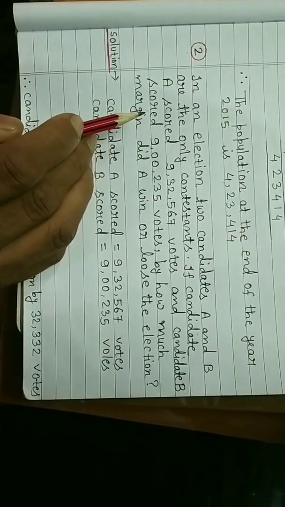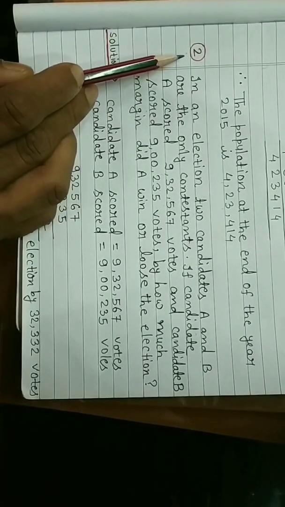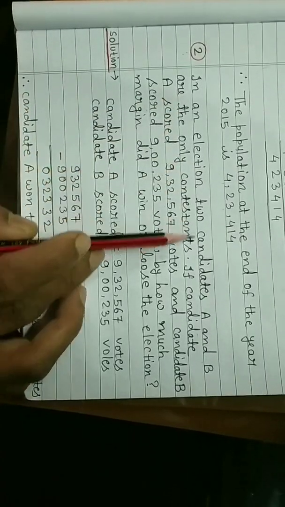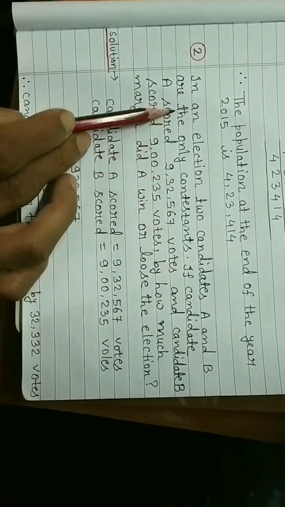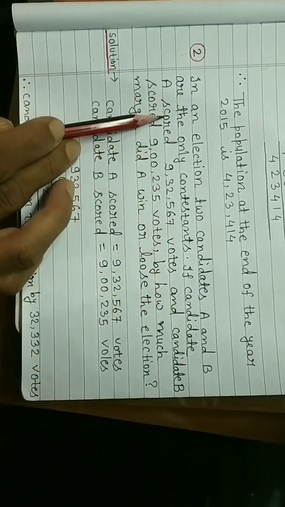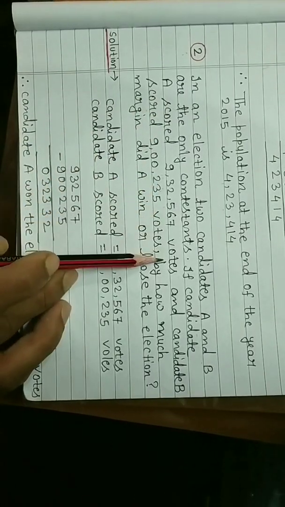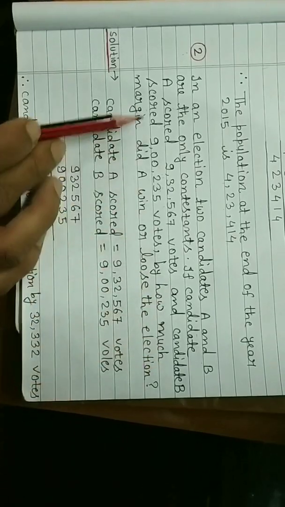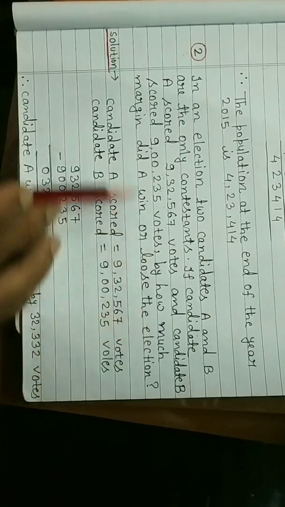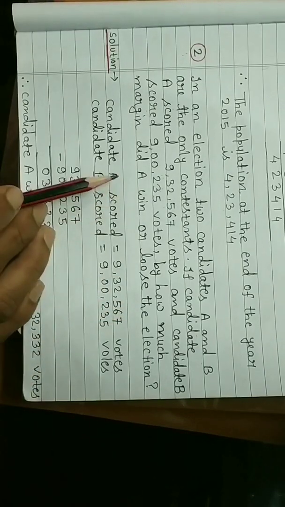Now we are going to solve the second word problem, and it is written here. In an election, two candidates A and B are the only contestants. If candidate A scored 9,32,567 votes and candidate B scored 9,235 votes, by how much margin did A win or lose the election?